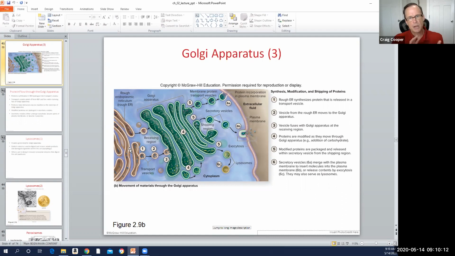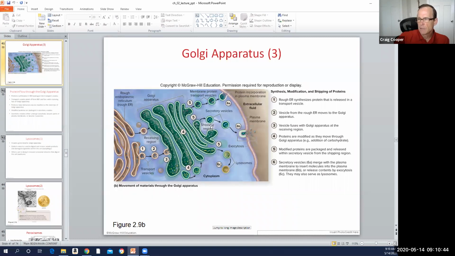So it makes this general protein, it floats across this space and is received by the Golgi apparatus, these different layers of green that we're seeing here. And whoever's in charge of production in there goes, well, that's great, but that's not quite the shape we need it to be in. So it modifies that protein, tweaks it a little bit, makes it just the way it's supposed to be, and then it gets to the shipping dock.